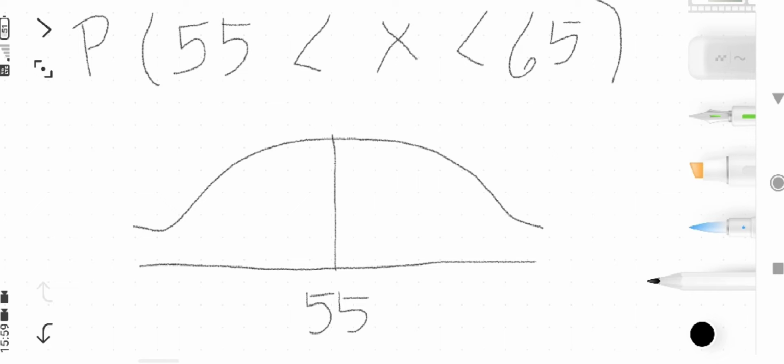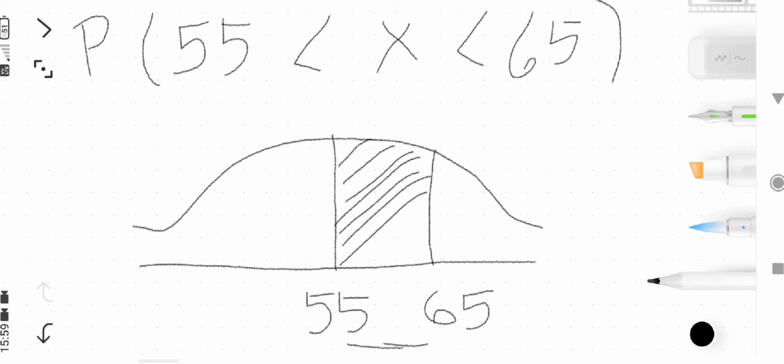Let's illustrate it: x is greater than 55 but less than 65. So the shade will be in the middle of 55 and 65. And that's the illustration of our example number 1.